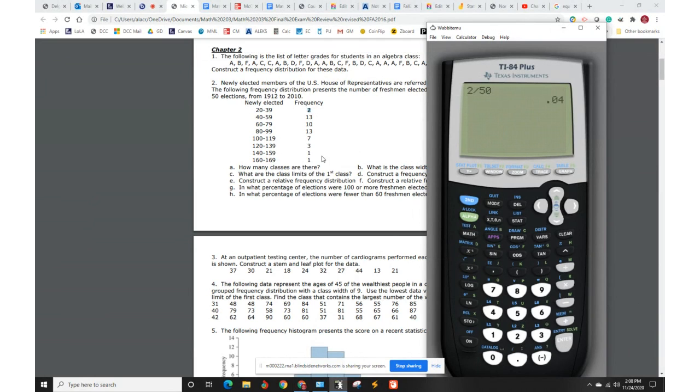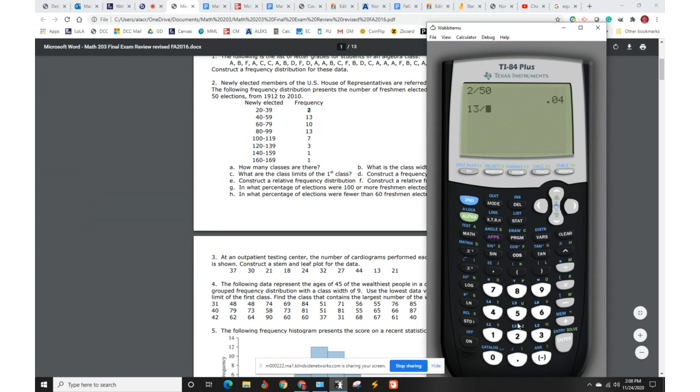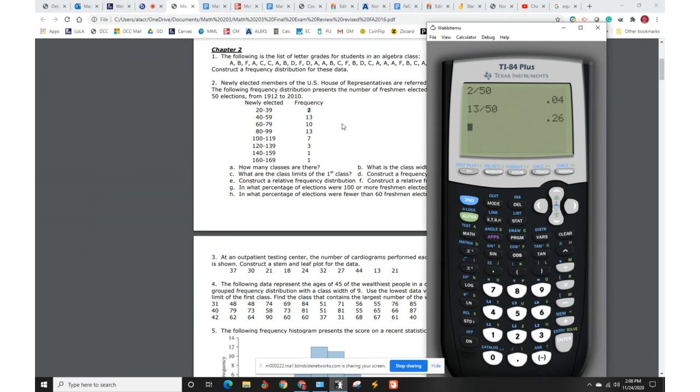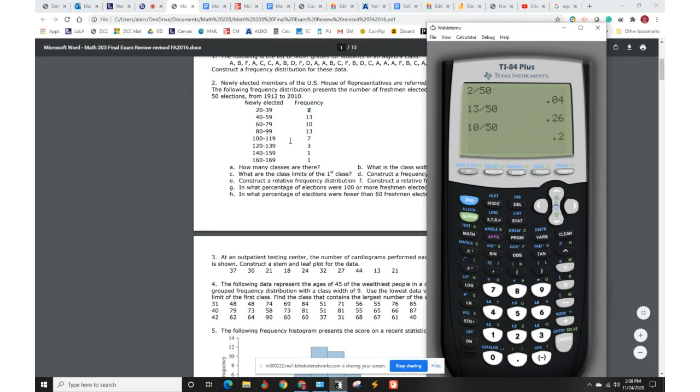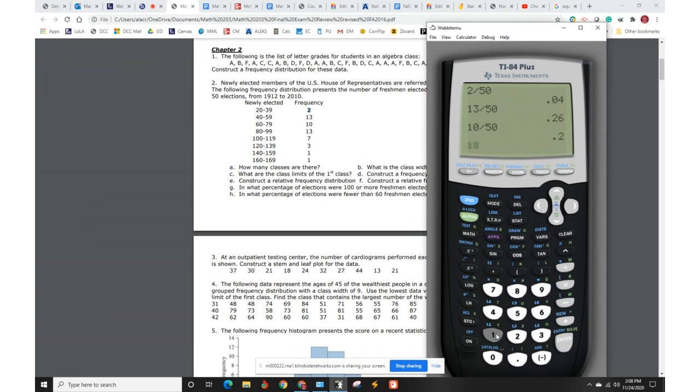So 0.04, 0.26, 0.2, and that's what's called relative frequency, and we do that for all of those. And then all of those should add up to 1 when you do it. And that would be what would be right here in that column.